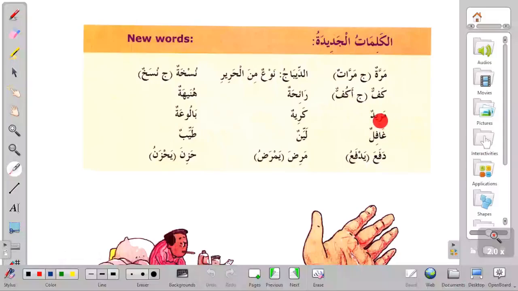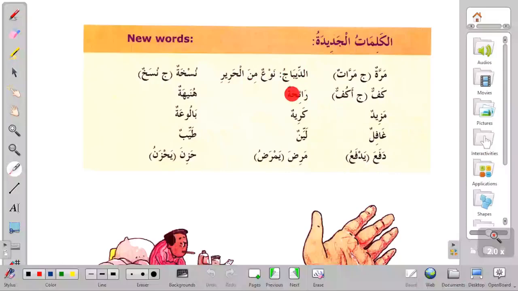Mazidun is extra or an addition of something. Ghafilun is someone who is heedless. Dafa'a means to push, yadfa'u, he is pushing, and it can also mean to pay money to someone. Dibaj is a specific type of silk.